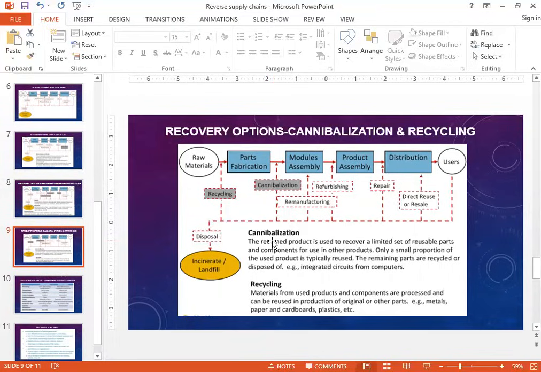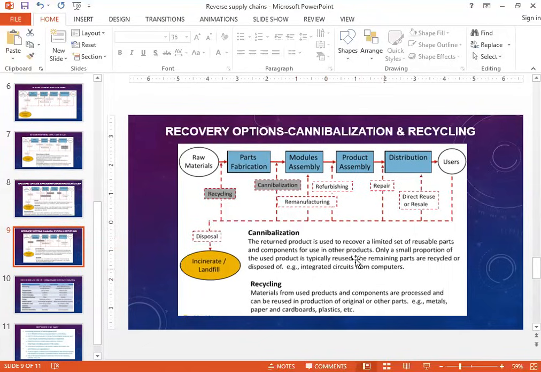But there may be certain things within that computer, such as certain chips and other intricate machinery that's deeply embedded in the computer, that are very valuable for the company, and that can to a certain extent be reused. So the company will go in, take out those particular things that can be reused, and then they will be put back into the assembly. Again, this is usually just a small section of goods that is taken out. The majority is of no use. And so this is called cannibalization.